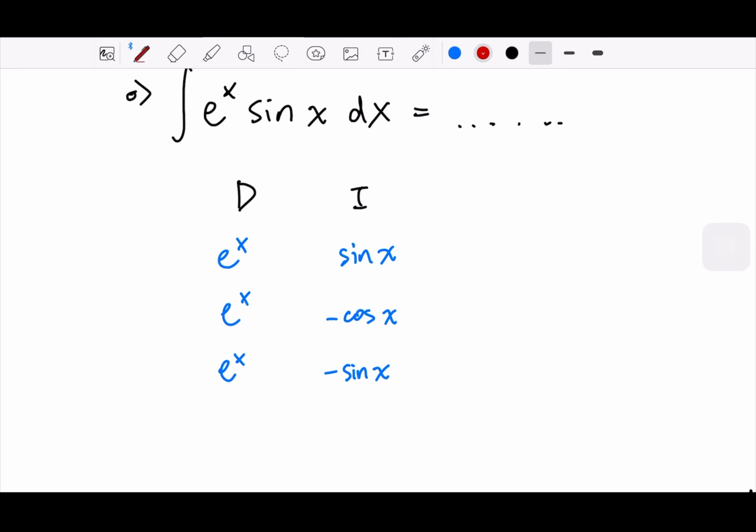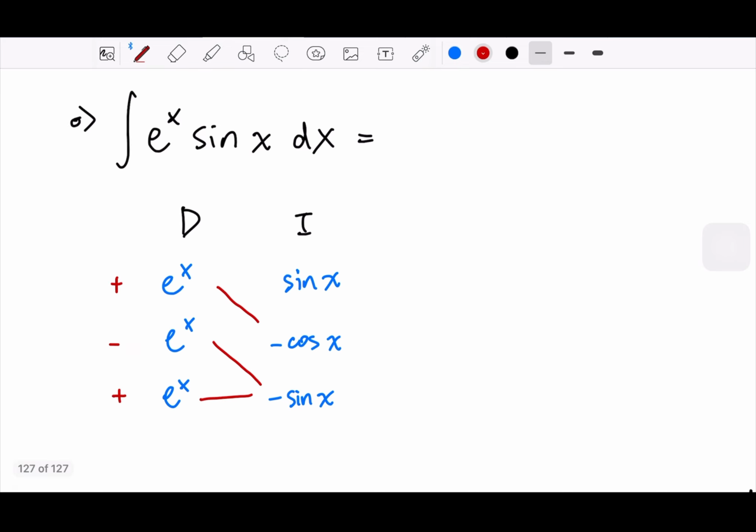And now we need to cross multiply here and also multiply this one, but we need to take the integral. So let me write on the right side that this will be negative e to the power of x cosine x, plus e to the power of x sine x, minus the integral of e to the x sine x dx.